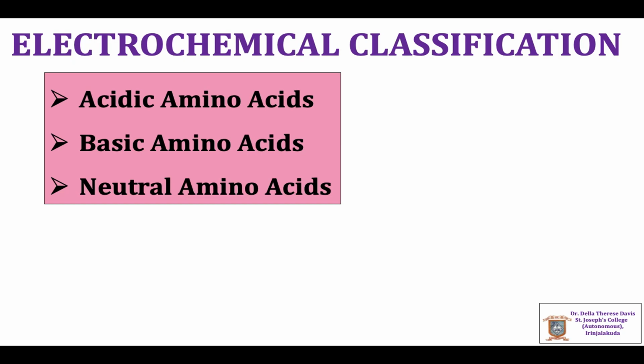Basic amino acids have enhanced basic character due to the presence of an extra amine group. Neutral amino acids contain an equal number of acidic and basic groups.